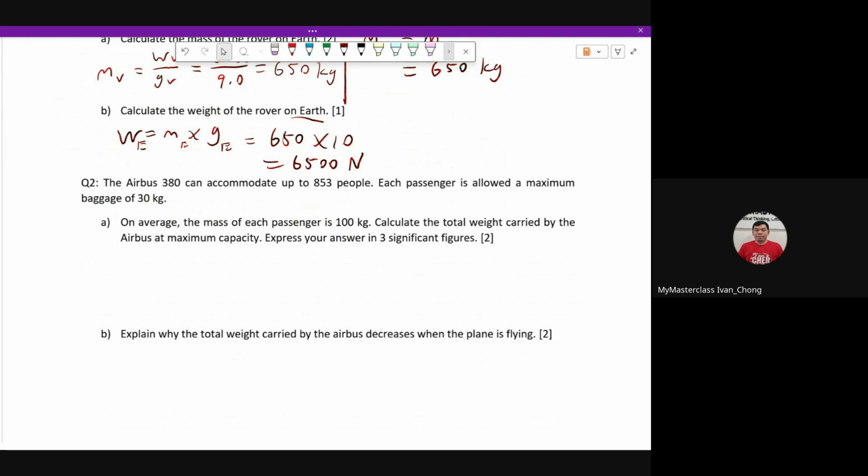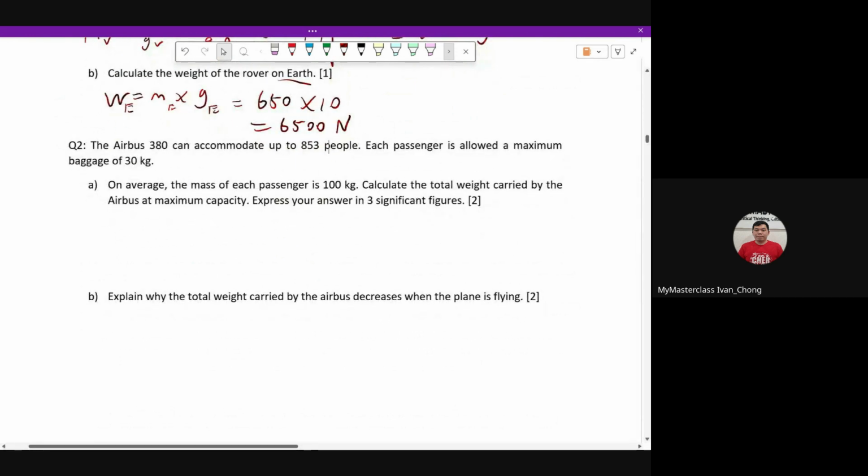Okay. Next, let's talk about your question 2. Question 2 tells you that you have 853 people. Okay. And each person has a max baggage. Okay. And each of them is 100 kg each. So what's the total weight at max capacity? So total weight, first thing, before we do anything, we want to find your W equals mg, right?